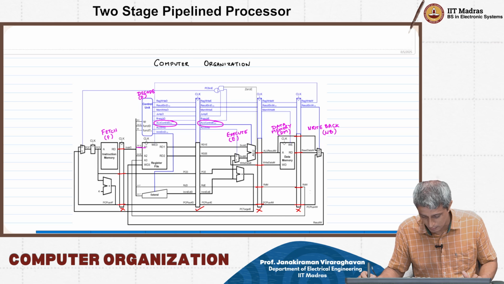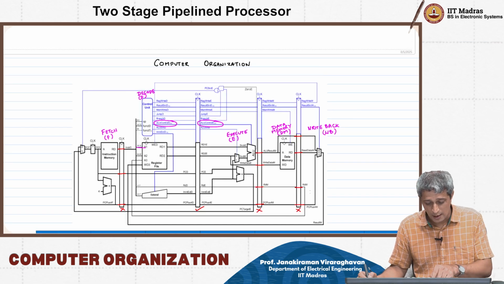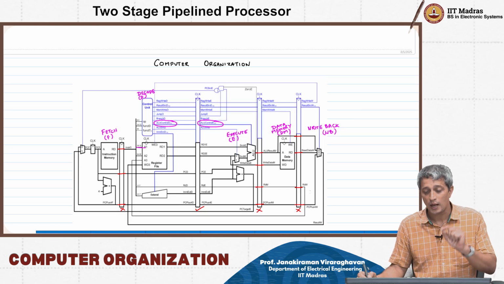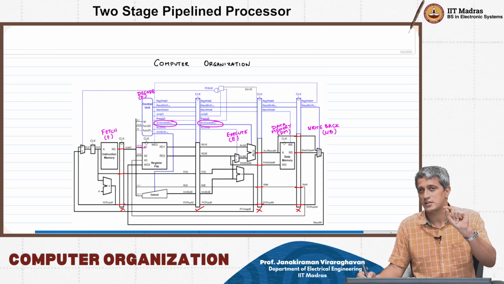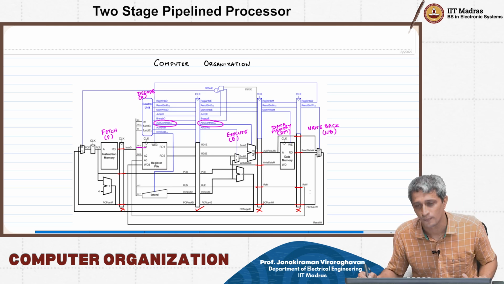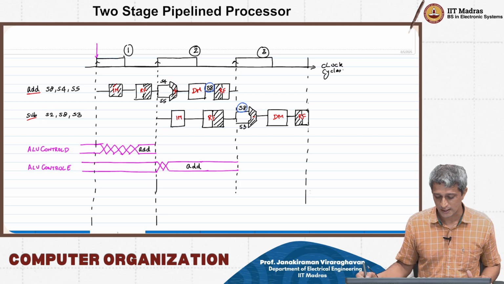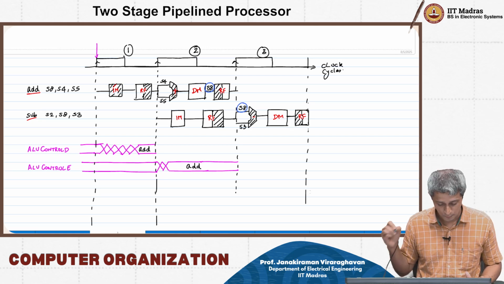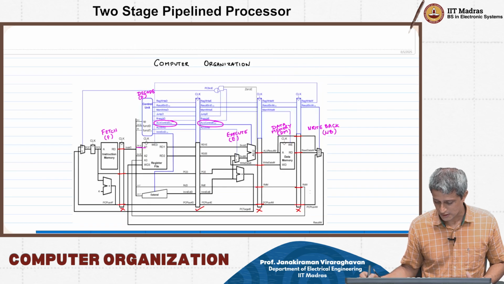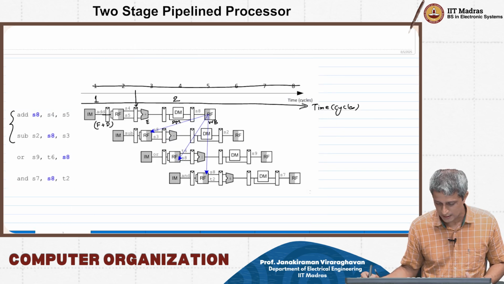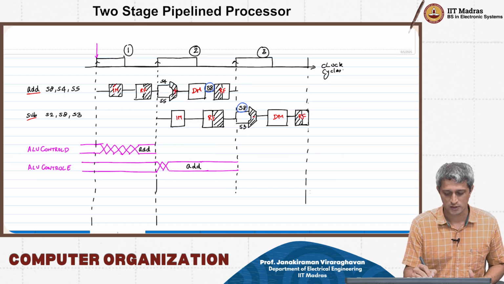Okay, so in this portion, my A1 and A2 are the addresses that are going to decide in the register file which registers are going to be used. It turns out in this instruction, we are going to deal with S4 and S5, right? So your S4 and S5 will get set appropriately, and that's what we have marked here. This S4 and S5 goes through the register file.